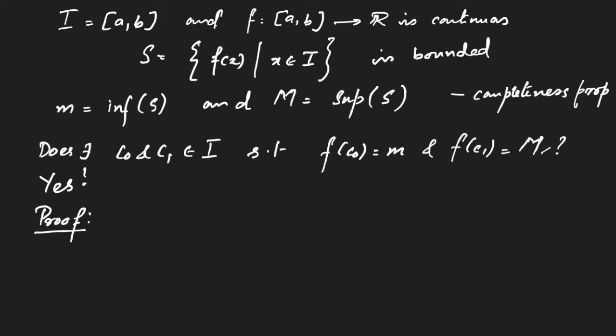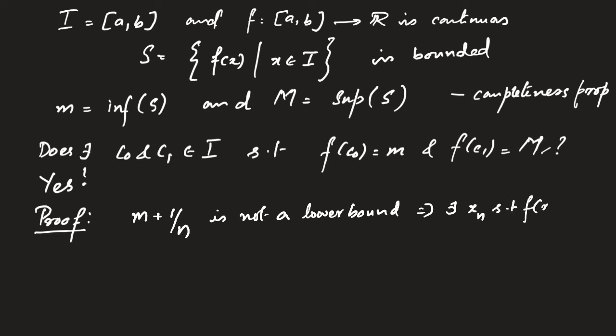So how do we show that there exists a c_0 such that f(c_0) is equal to m? Notice that if you take small m plus 1/n, that is not a lower bound. Which implies there exists some x_n such that f(x_n) is less than m plus 1/n. Now we can do this for every n.